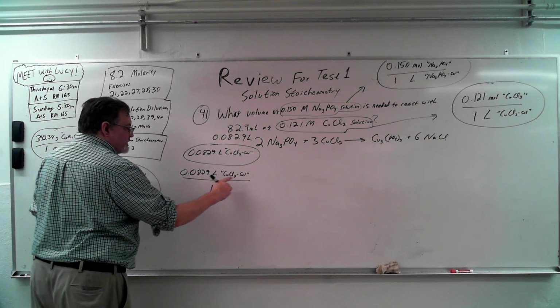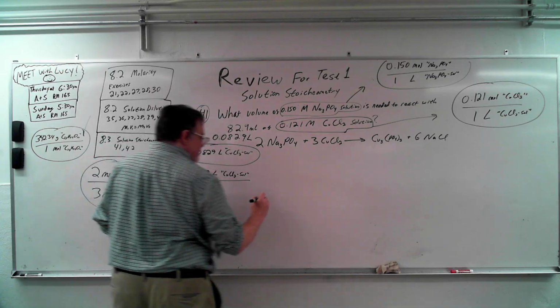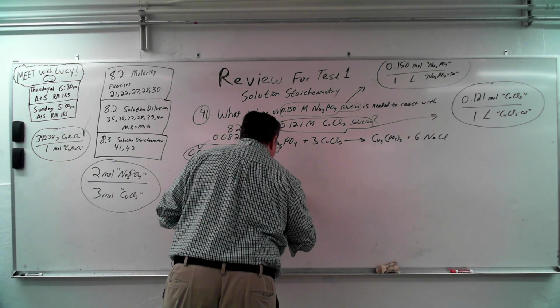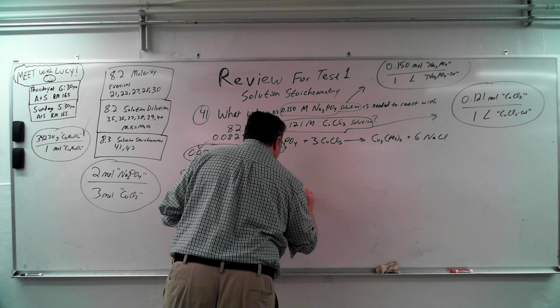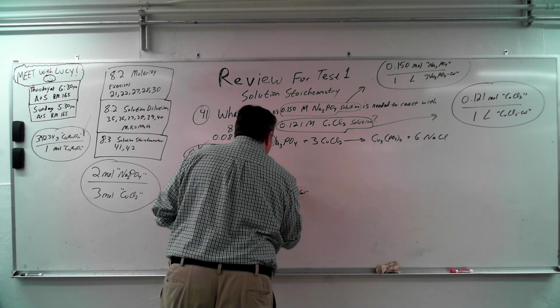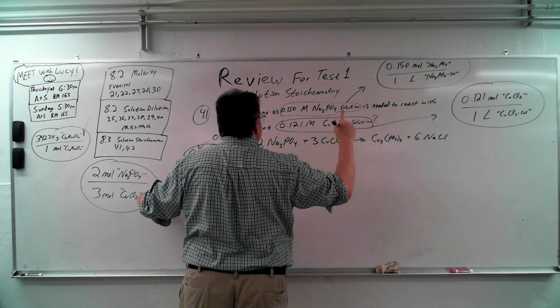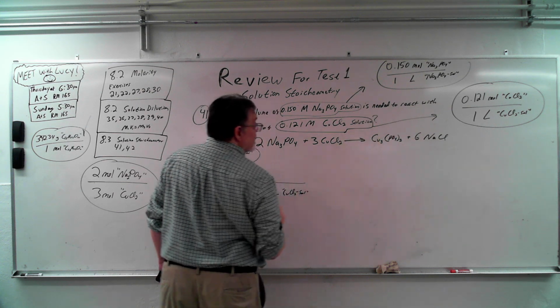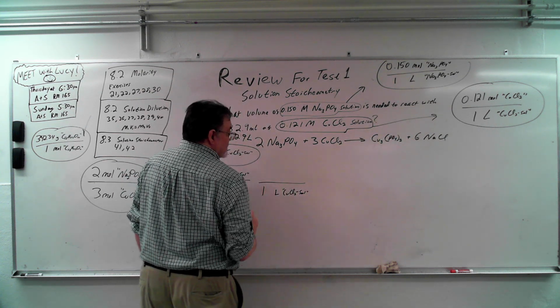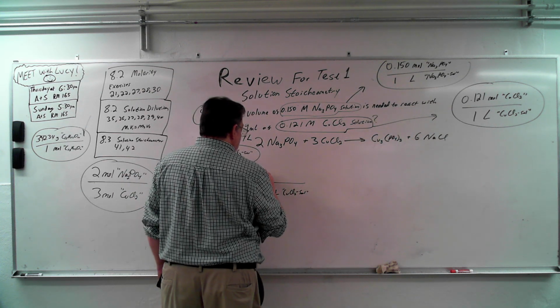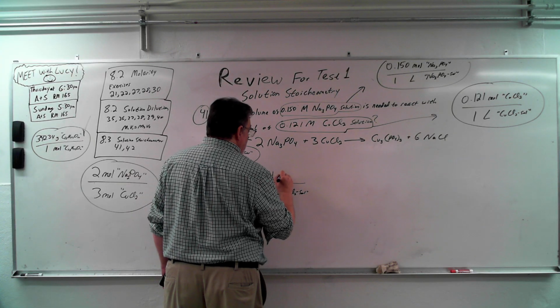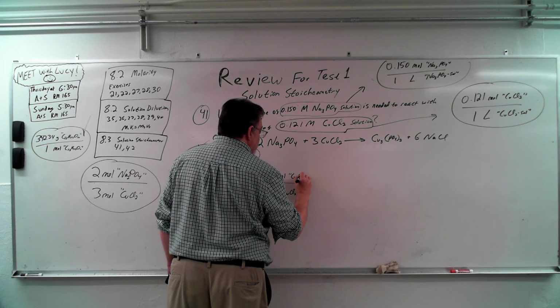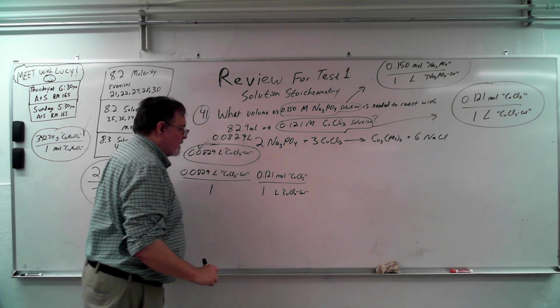So I need liters of CuCl2 solution on the bottom. The only one that has liters of CuCl2 solution is that one. So 1 liter of CuCl2 solution, 0.121 moles of CuCl2.